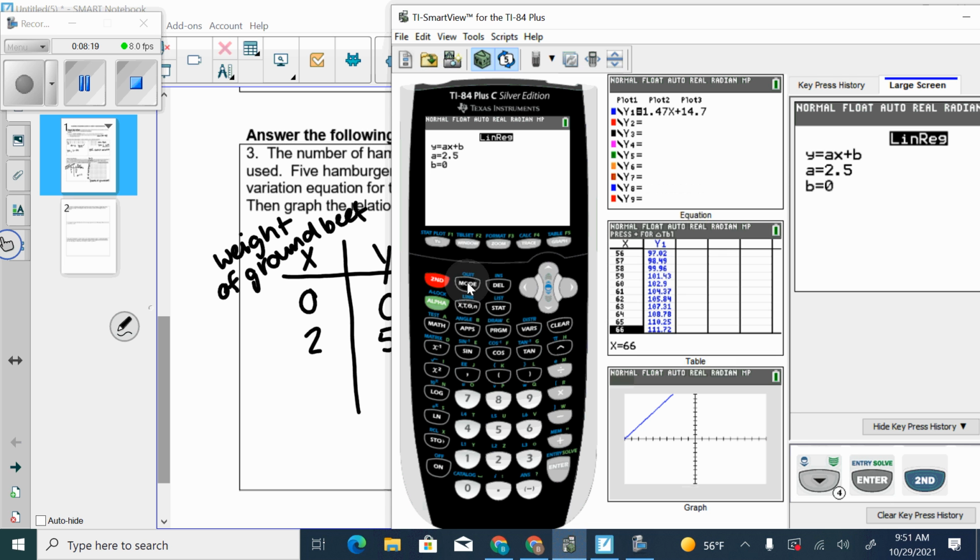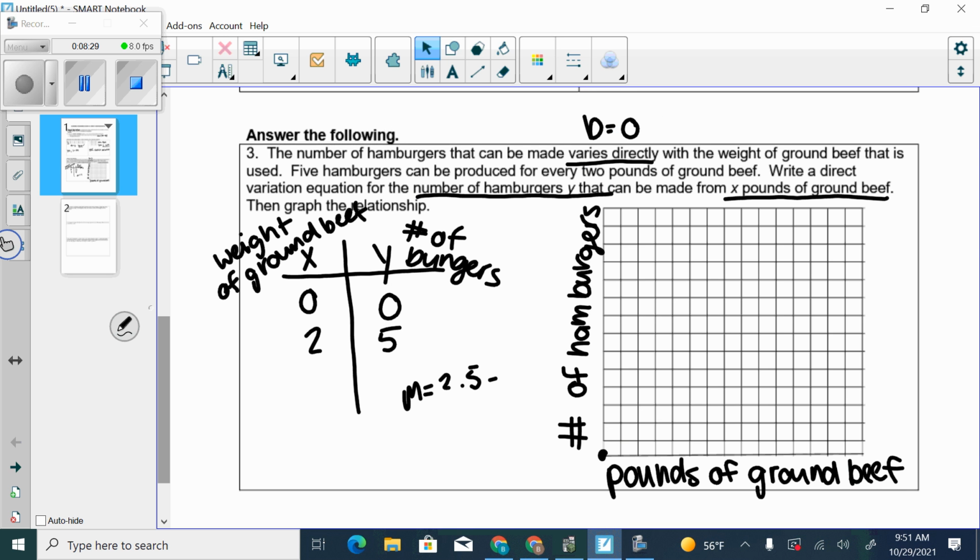So go back to our home screen, 2.5, Math, Enter, Enter. And it tells us it's 5 over 2. All right, so we know this thing starts at (0, 0), and this tells me that I need to go up 5 places and over 2.